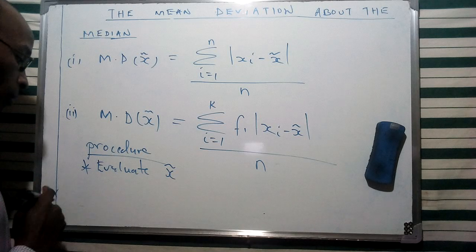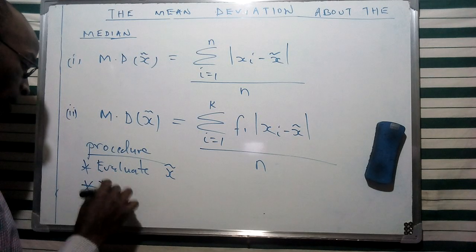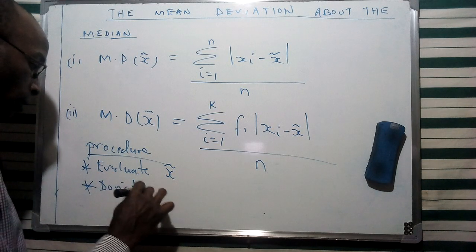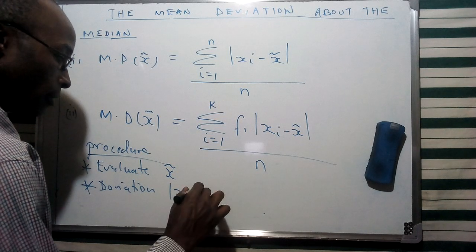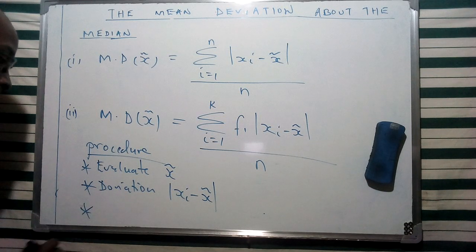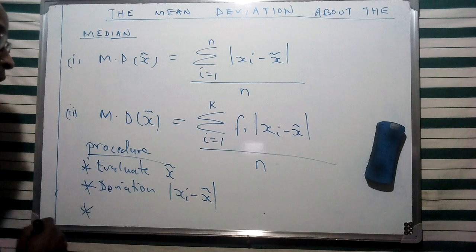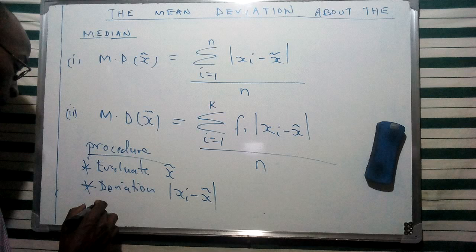So we first evaluate the median, and then we're going to find the deviations of each reading from the median, generally xi minus the median. And then we are going to find the arithmetic mean of the deviations, of course not taking into consideration the sign that's attached to each value.